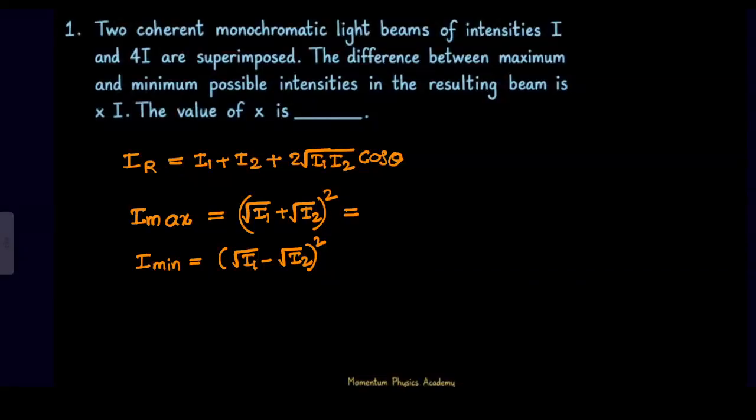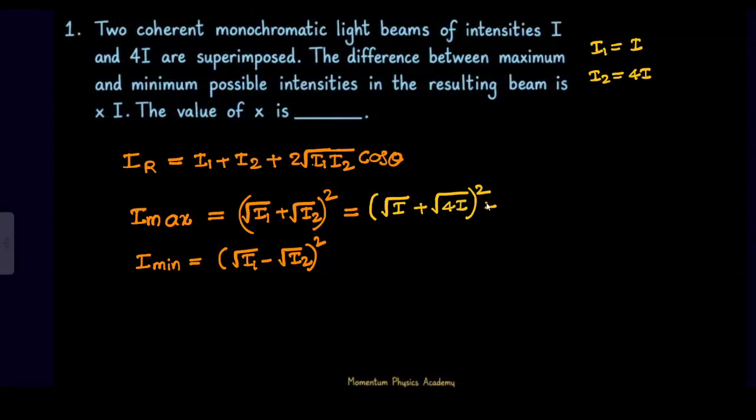Simplify. I1 is I, and I2 is 4I. So the maximum intensity is equal to square root of I plus square root of 4I, whole square.